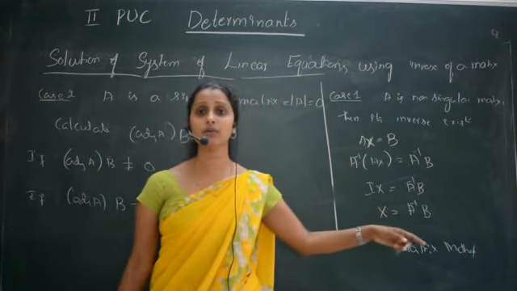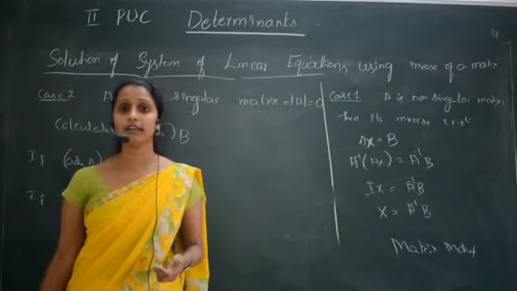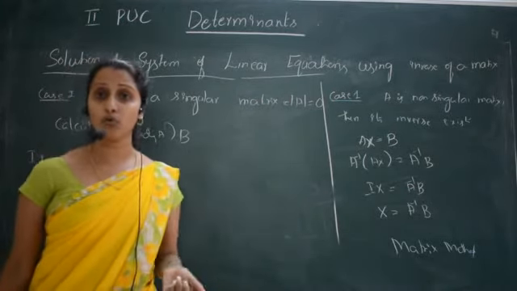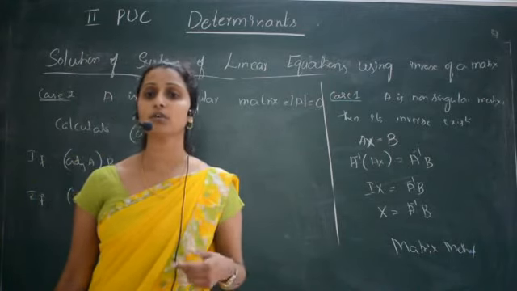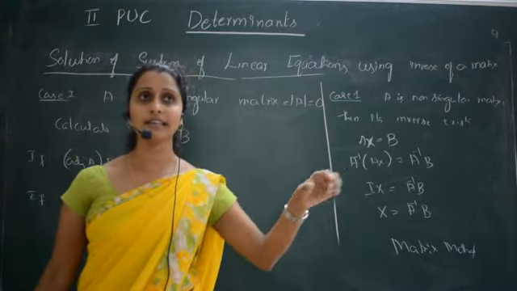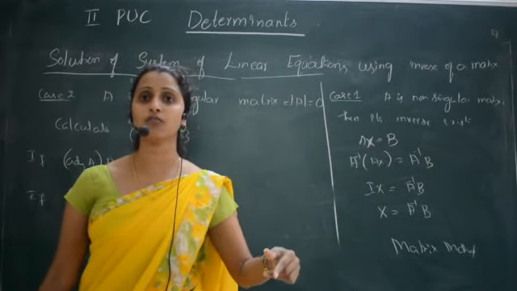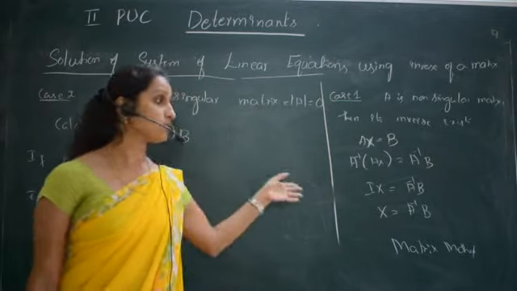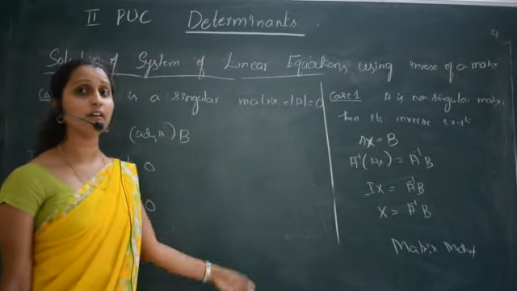To find A inverse, you need the adjoint of A and the determinant. To find the adjoint, you should know the cofactors. To find the cofactors, you should know the minors. So there is a link between all of that: minor, cofactor, adjoint, then inverse, then the determinant, then the system of linear equations.